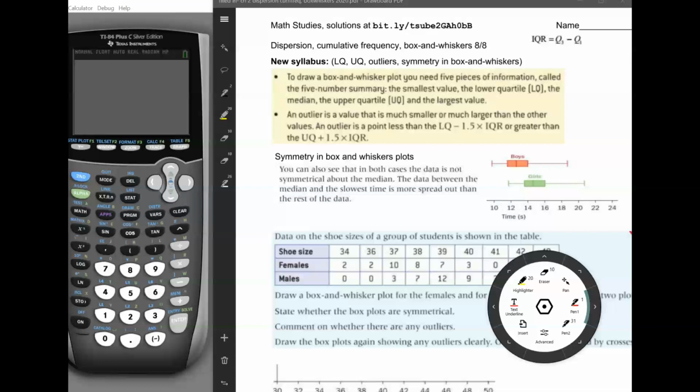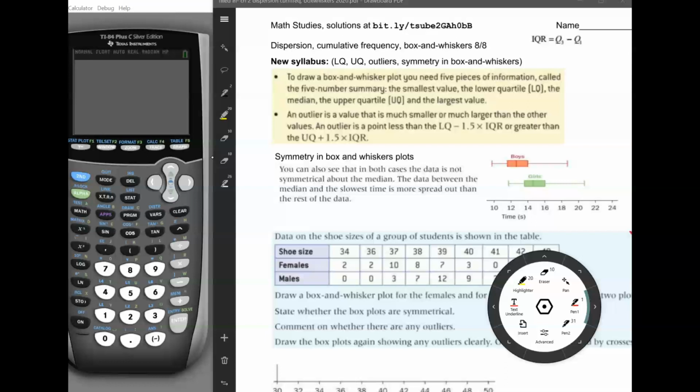This is actually something you already know about: how to draw a box and whisker plot. You know that you need a 5-number summary, which is minimum, first quartile, median, third quartile, and maximum. But now they have 2 new names for first and third quartile, which they've used in the past, but they didn't use these abbreviations.